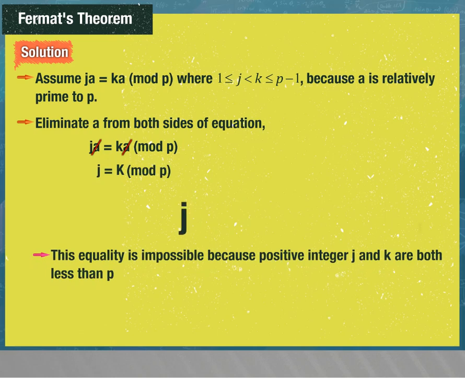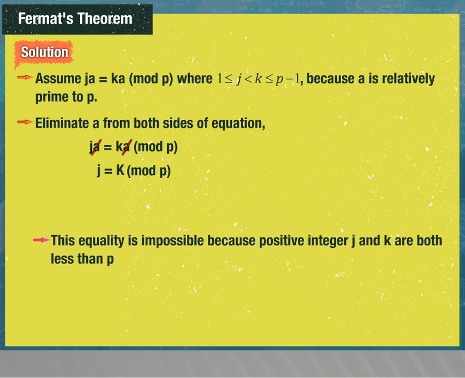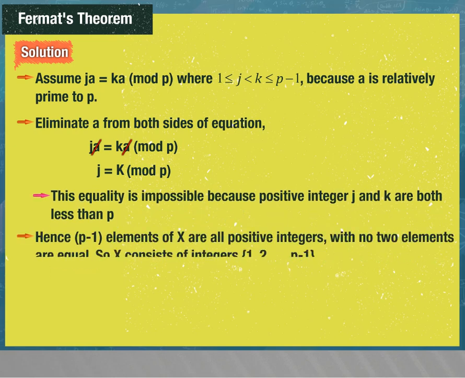This equality is impossible because positive integers j and k are both less than p. Hence, the p minus 1 elements of X are all positive integers with no two elements equal. So X consists of the integers 1, 2 and so on up to p minus 1.